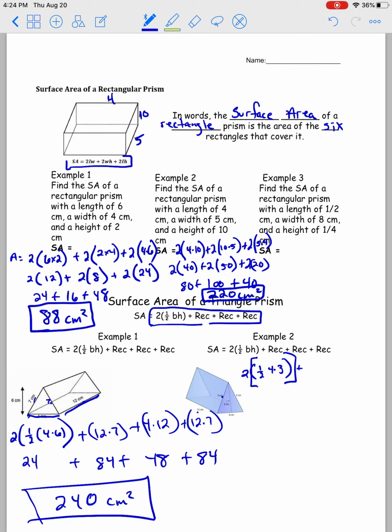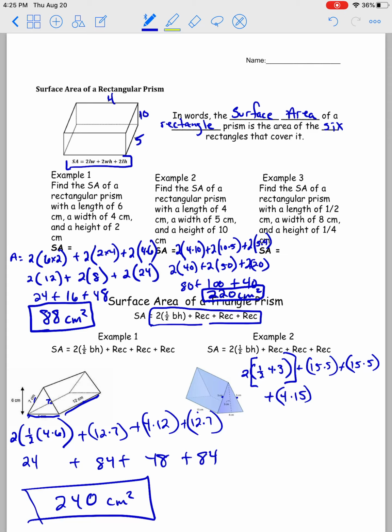Plus the rectangle, which is 15 by 5. Plus another one, 15 by 5. And I'm running out of room, I'm going to bring this down here. Plus the bottom one, which is 4 times 15.